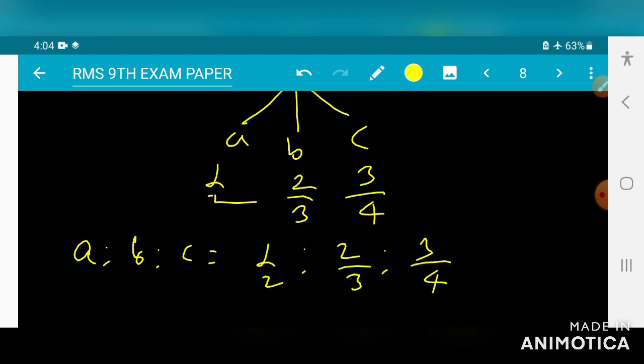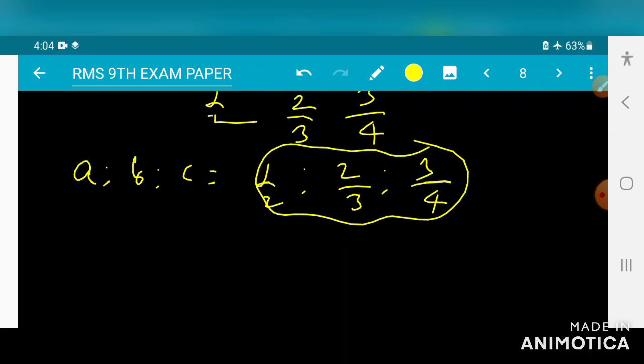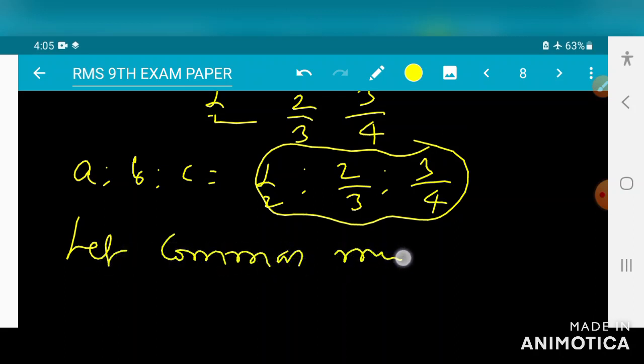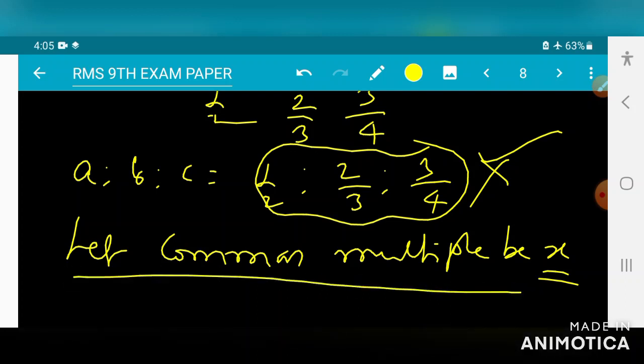In ratio type questions, we have to take a common multiple, let it be x. Why? These are not the values, these are the ratios. When we take the common multiple x, they become converted into values.